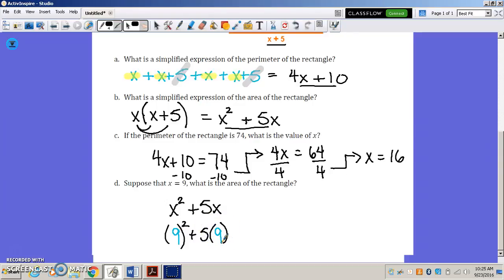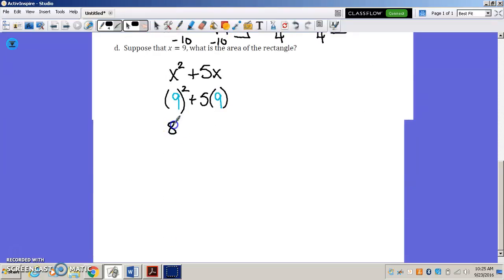So now we have 9 squared, which we know is 81. Scroll up really quick here. 81 plus 5 times 9, which was 45. Adding these two together, because these are like terms, they're both just numbers, I'm going to get a total answer of 126. Now, I made a mistake here.